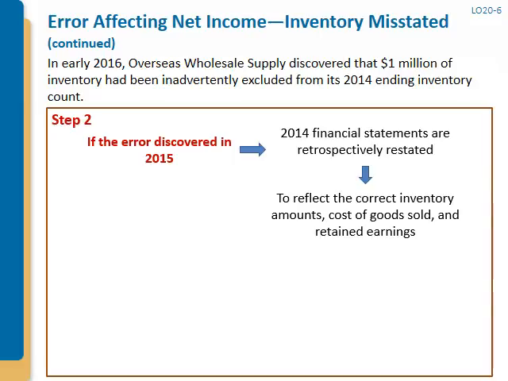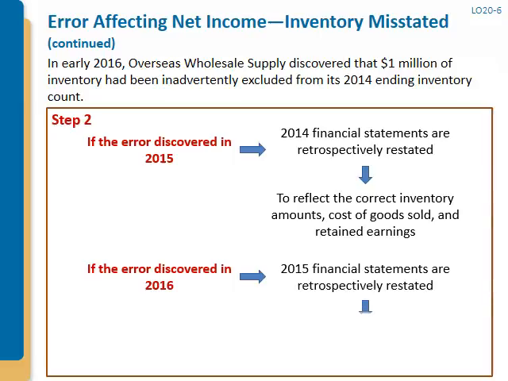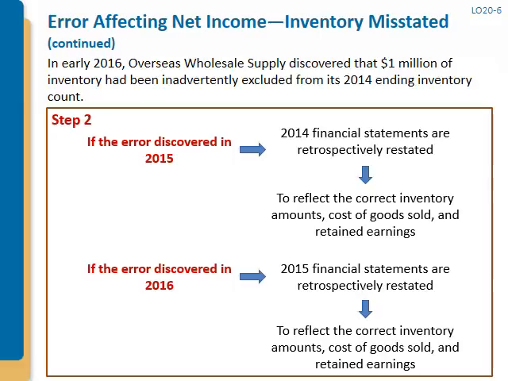If the error is discovered in 2016, the 2015 financial statements also are retrospectively restated to reflect the correct inventory amounts and cost of goods sold. Retained earnings would not require adjustment, and no correcting entry would be needed from that point.